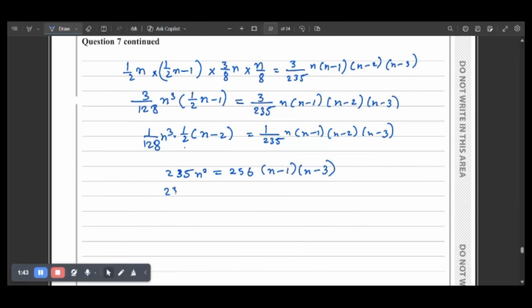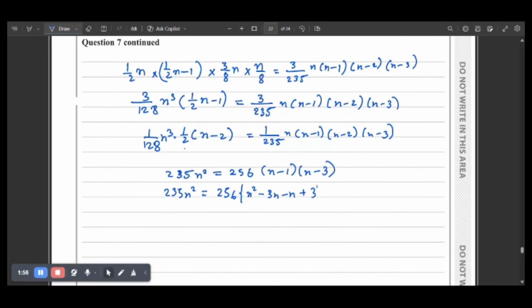We can now expand the brackets. Further expansion.